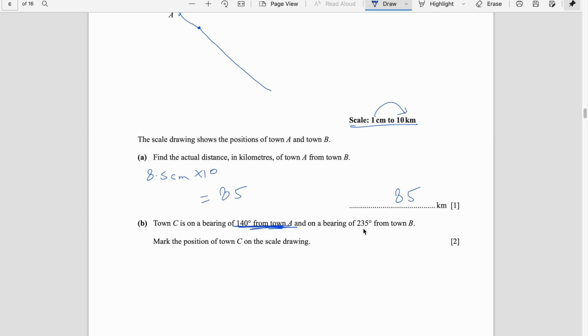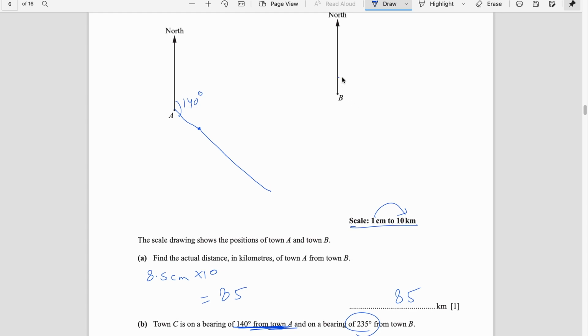Next, it says it is on a bearing of 235 from B. Now you cannot draw 235, so 360 minus 235, you're left with 125 degrees. The bearing is 235, so this angle should be 235 and the remaining angle is 125.